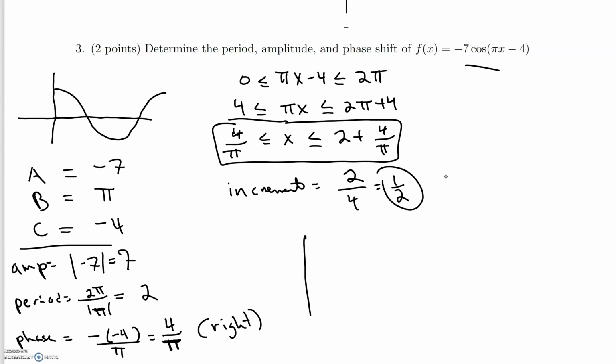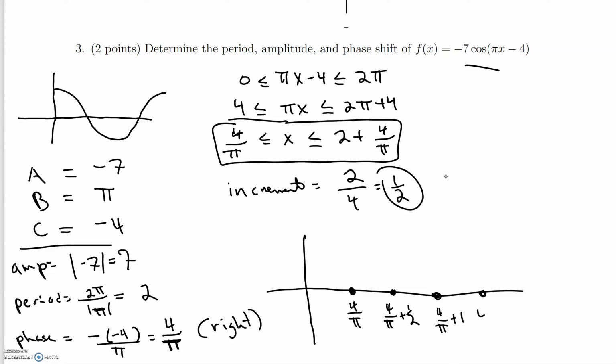So, rough sketch, we're going to start at 4 over pi. That'll be my first point. My next point will be 4 over pi plus 1/2. My next point will be 4 over pi plus 2 times 1/2, which is actually just 1.